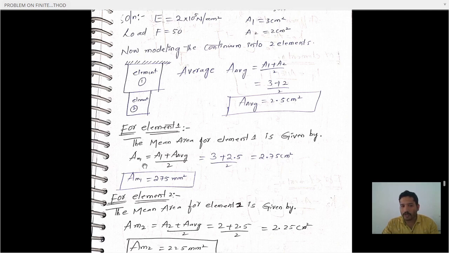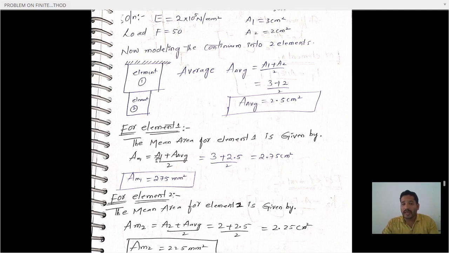Mean area of the first element is equal to the larger area plus the average area, divided by 2. So you can remember it like this: A1 plus average by 2.